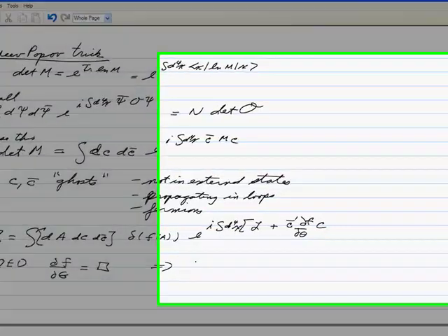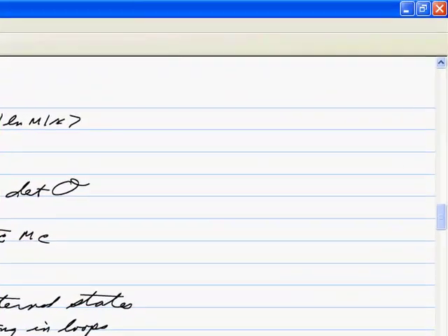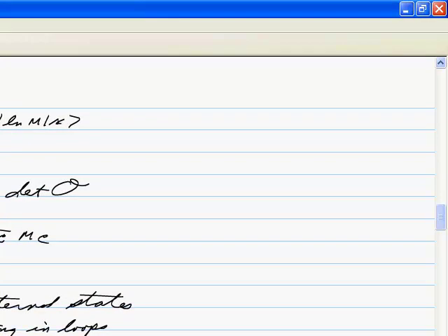So the ghost Lagrangian then is c bar del squared c. Yeah, it looks sort of like a regular Lagrangian. You can integrate this by parts. It'd be minus d mu c bar d mu c. There is a minus sign there. Doesn't play too big a role, but that's part of why it's called a ghost. It has the wrong sign if you write it in this form. But still, it looks like a pretty normal Lagrangian other than that.